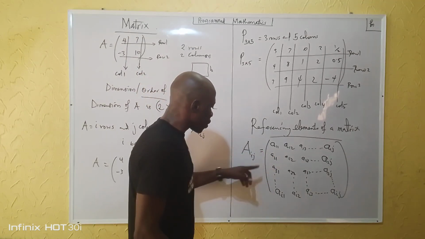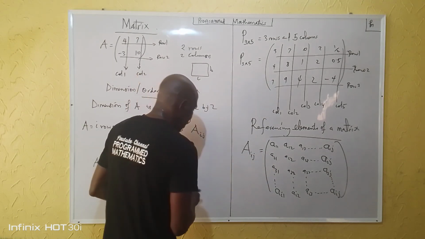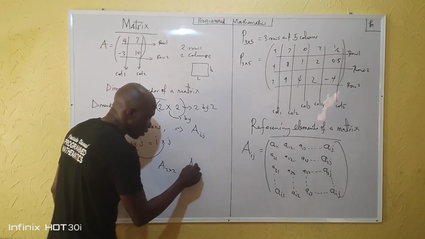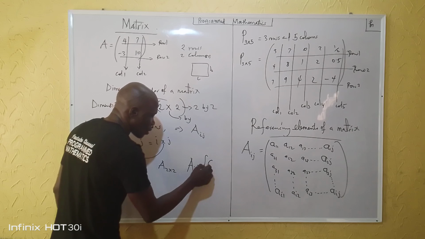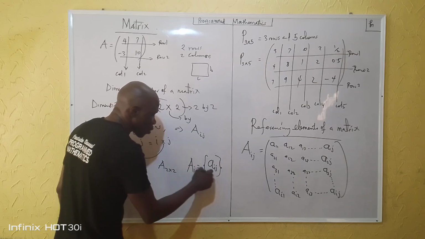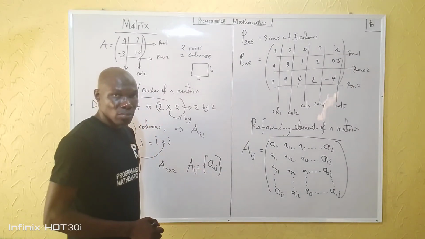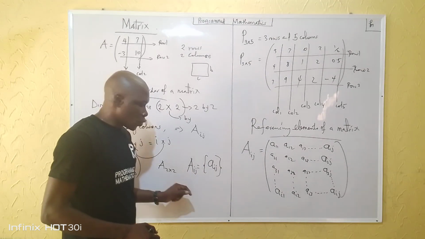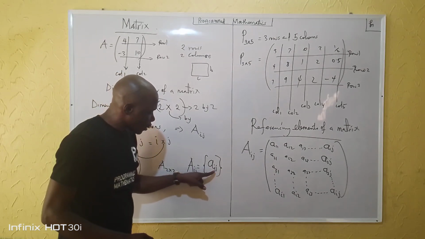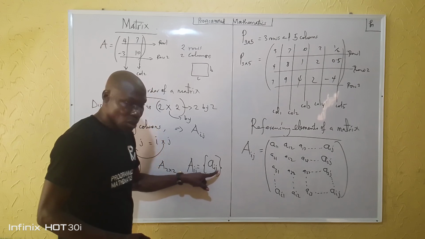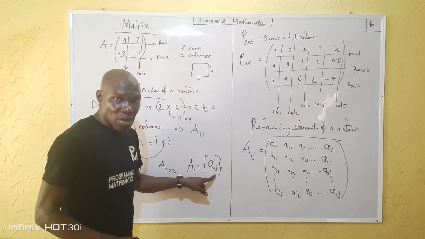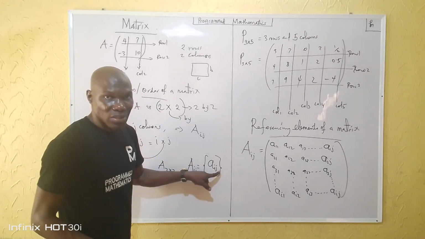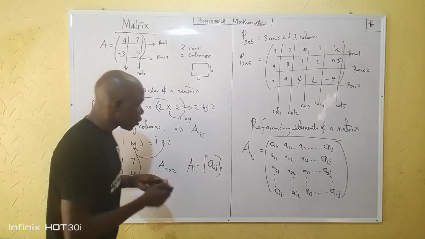So if I'm given matrix A, then the elements of A are written as small aij. Small a for the element, capital A for the matrix. If I write the small aij, it tells me that I'm referring to the element on the ith row and the jth column.